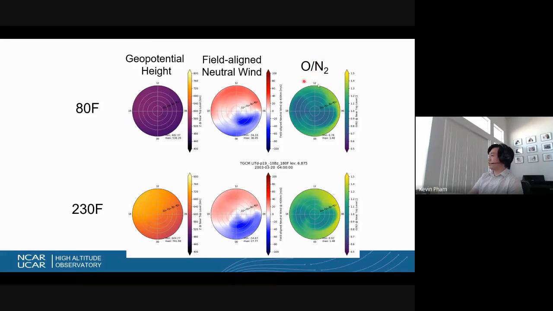As far as the O2/N2 ratio, you can see that you have a lower O2/N2 ratio in the 80 F10.7 run, and a higher O2/N2 ratio in the 230 F10.7 run. Having a larger O2/N2 ratio means that you have more neutral O. With more neutral O, you're going to get more chemistry happening, and more chemistry means that you have more ions being produced, especially O+ ions.